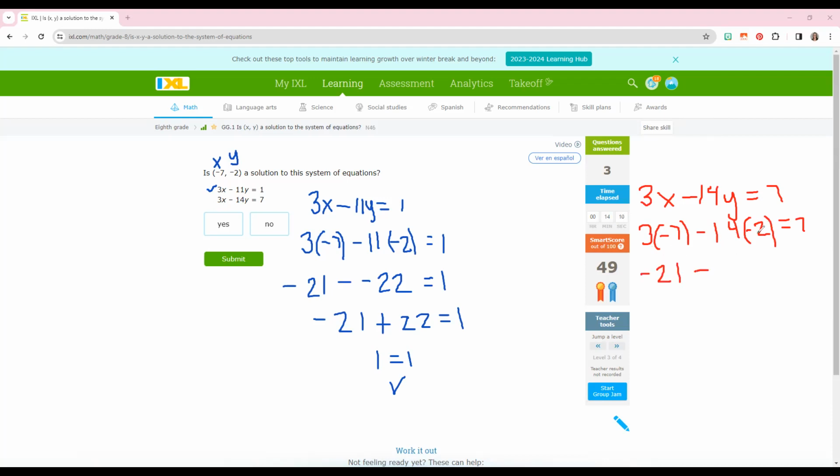Minus 14 times -2 would be a -28 equals 7. What does that minus and negative become? A positive. We have negative 21 plus 28. When we add those up, we do in fact get 7. So because this point worked for both equations, then our answer is yes, it is in fact a solution.